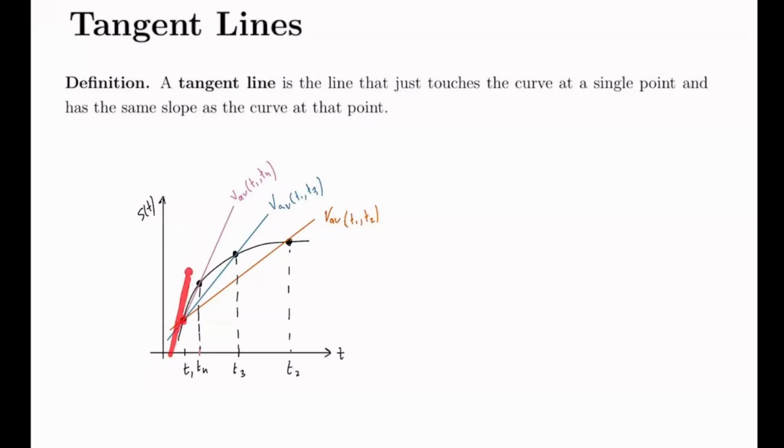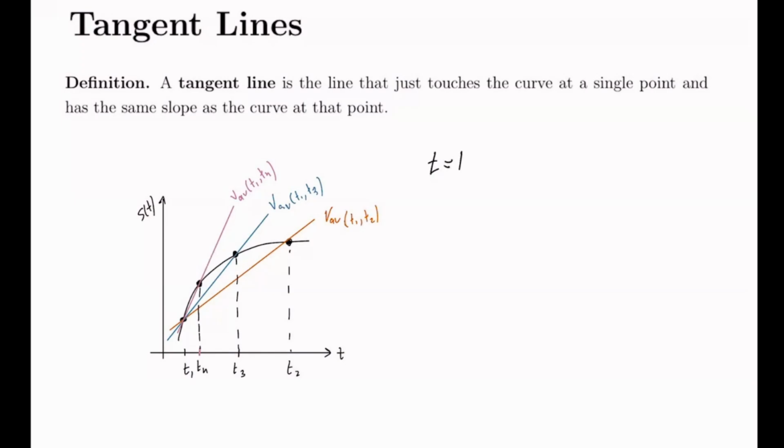So the slope of this tangent line is exactly the same as the slope of my curve at that specific point, T1 equals 1 second for our previous example. So how do we find the slope? By taking the limit of the slope of the secant line as the second point gets closer and closer to the first. So let's go back to our previous example.